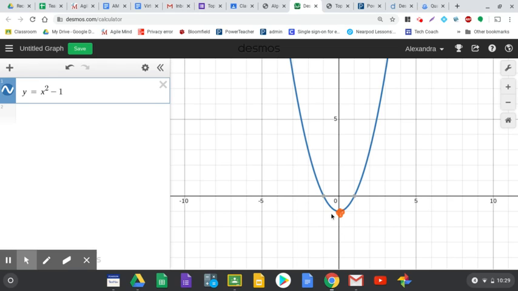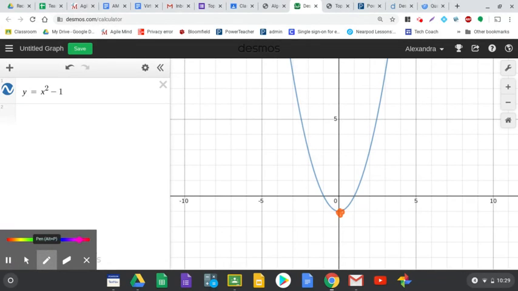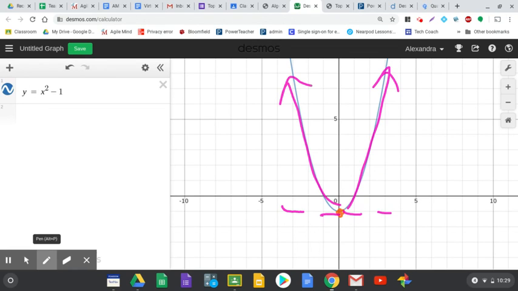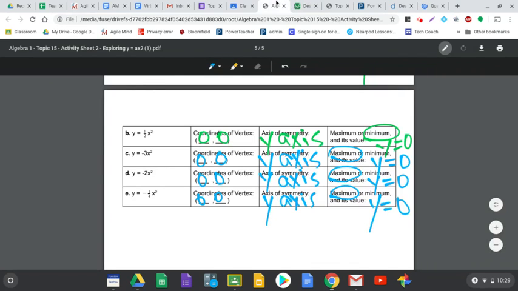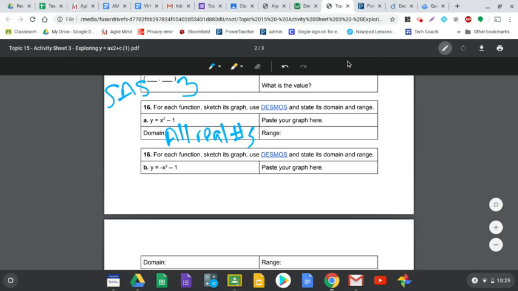So because it's down here at -1, we know that -1 is the lowest point of that parabola. Everything is above that point. So our range here should be all numbers greater than or equal to -1, because this parabola is going to continue to go upward and nothing is below -1. So our range for this first one should be y is greater than or equal to -1.